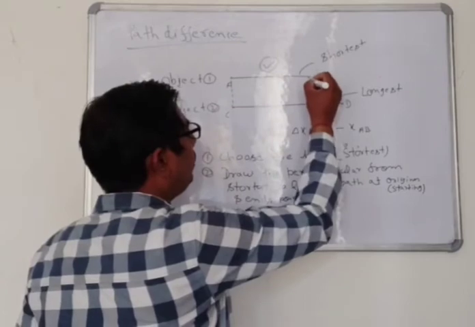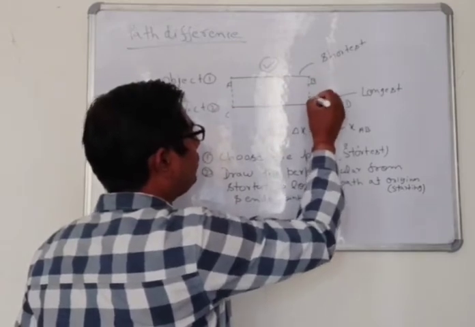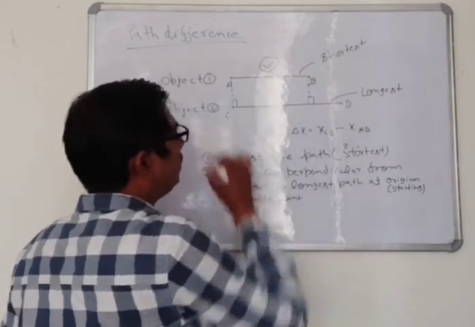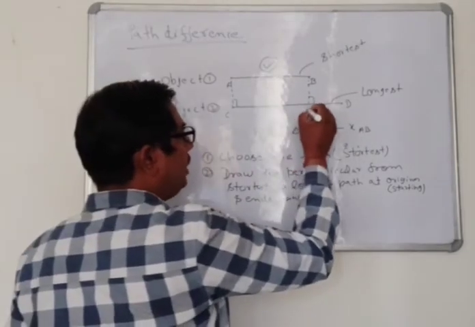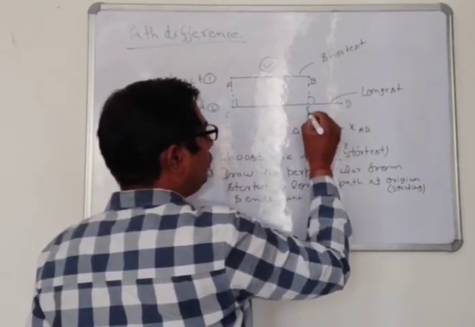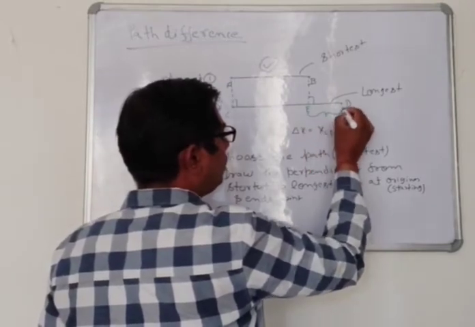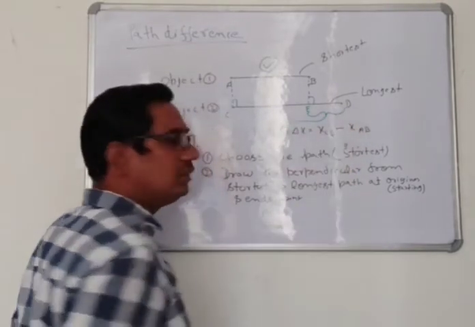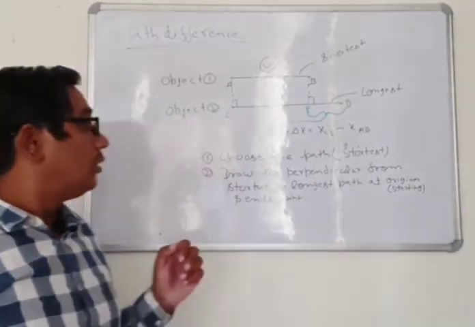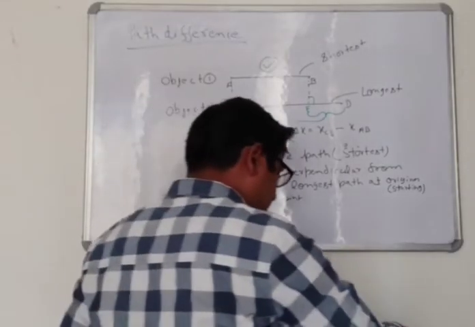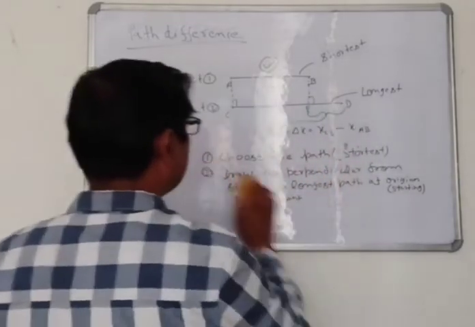Also draw a perpendicular like that. This is the perpendicular. Suppose this is point E, you can say that this path is the extra path. Okay, now I am giving another example.